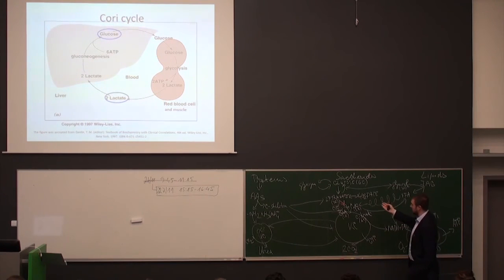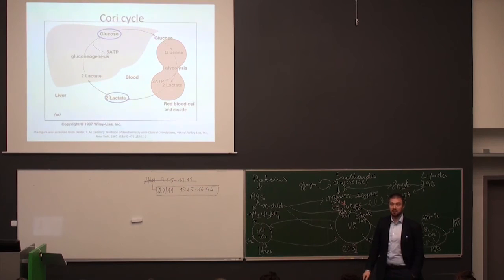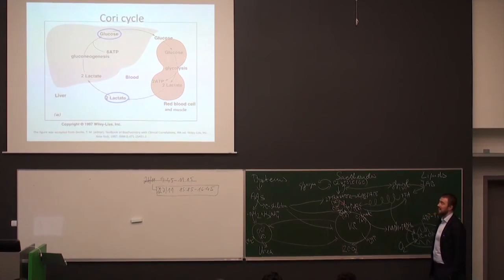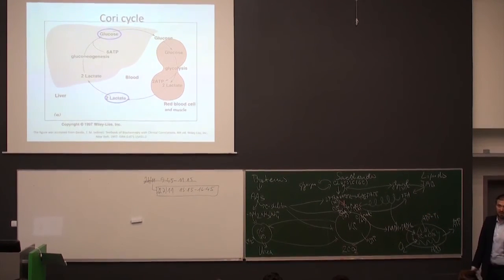When we spoke about this, I told you that lactate is produced during anaerobic glycolysis. That means when you do not have oxygen. It's quite frustrating for the erythrocyte that it can do only anaerobic glycolysis. Erythrocyte has a very big amount of oxygen inside.